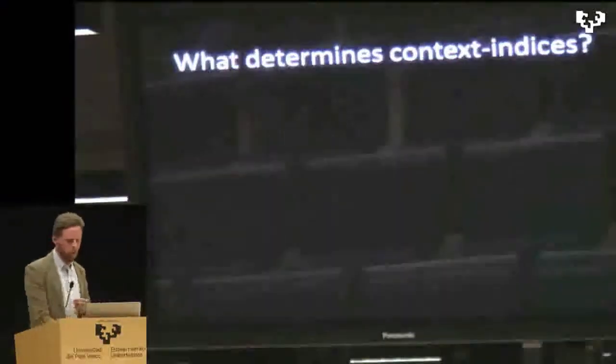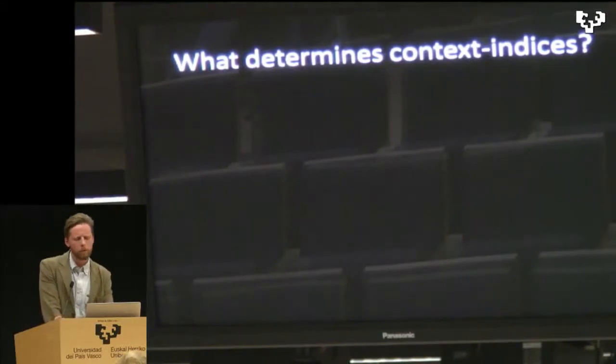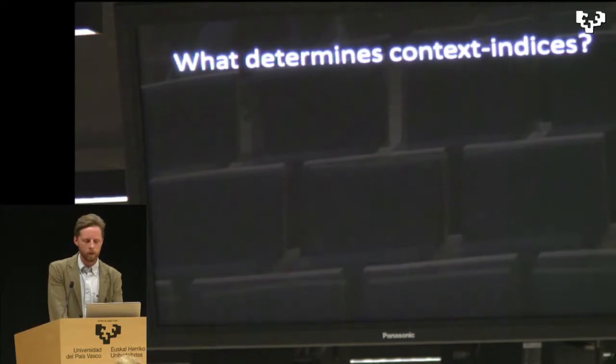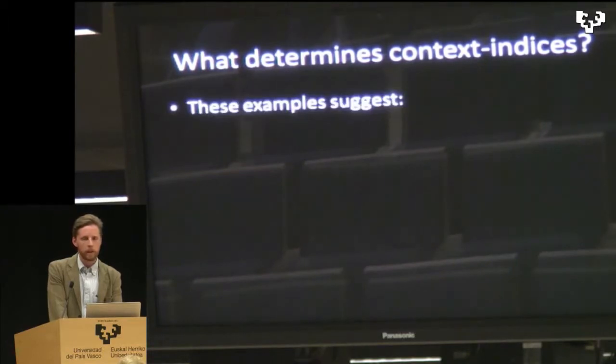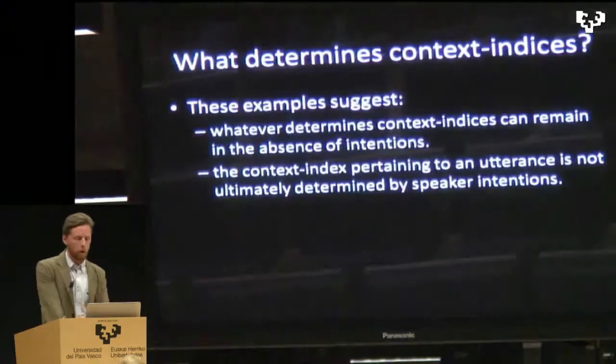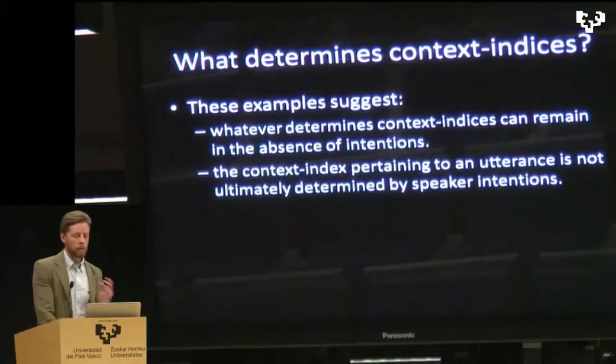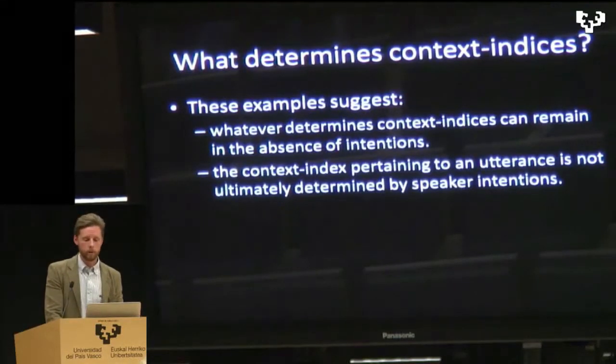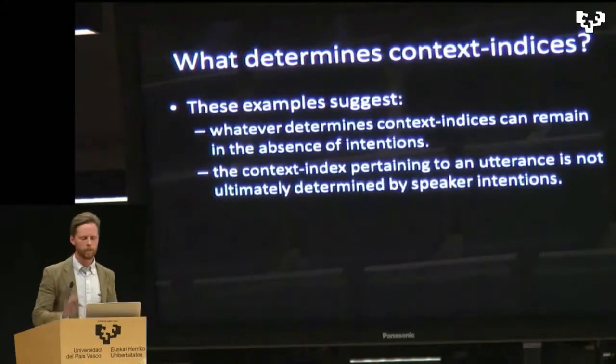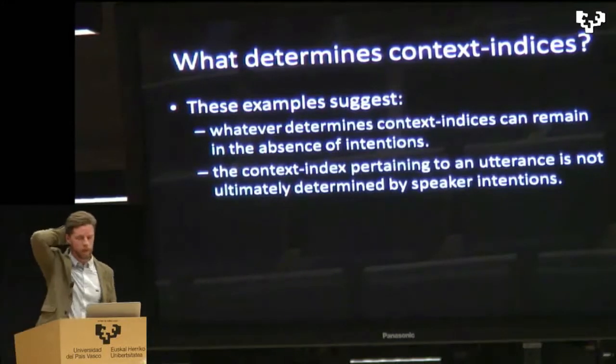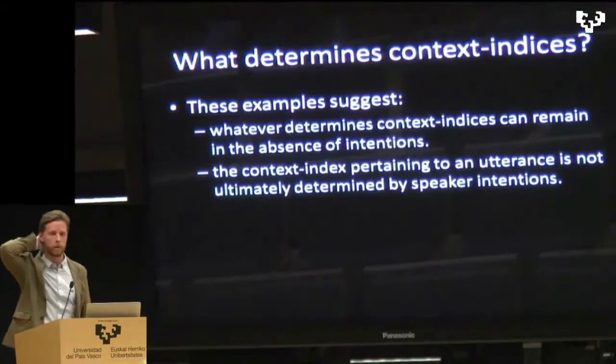I don't mean to suggest that these are completely knocked down arguments. There's a lot to be said about these cases, but I think they at least suggest that whatever it is that determines context indices can remain in the absence of intentions of both of these kinds, because it seems to me that it makes perfect sense in both of these cases.